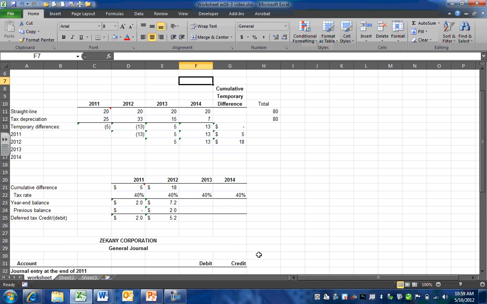Now, 2013, the only future difference will be the 13 million from 2014.